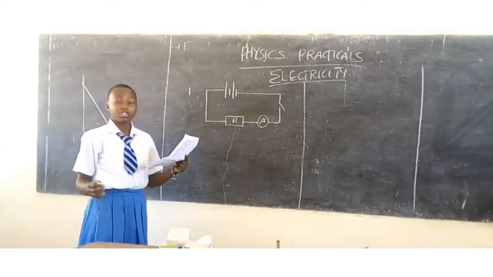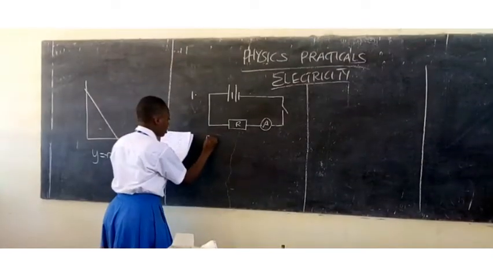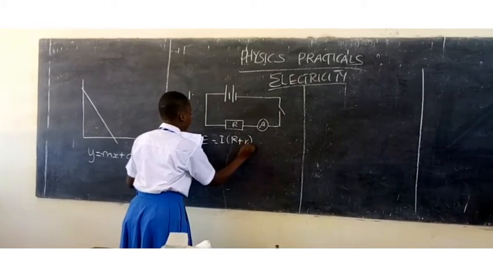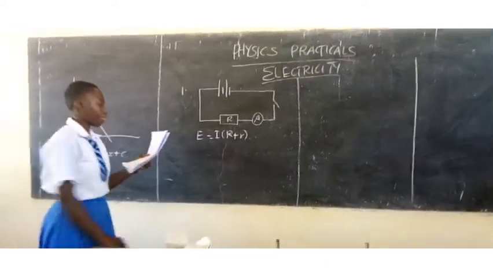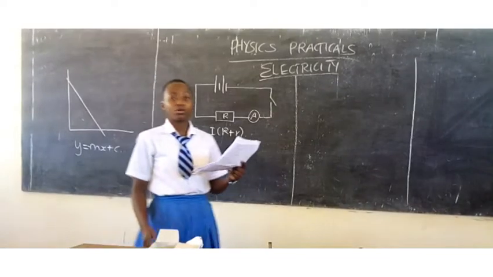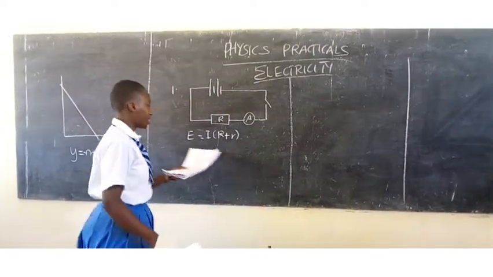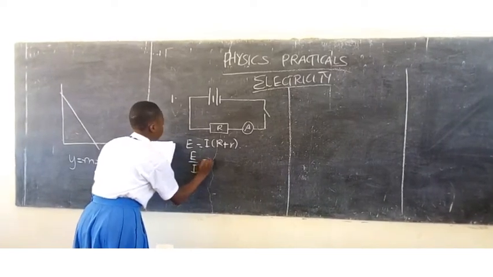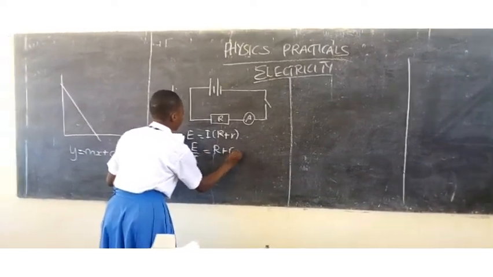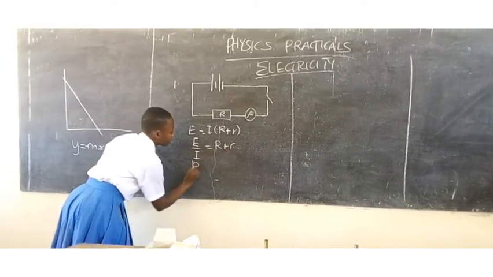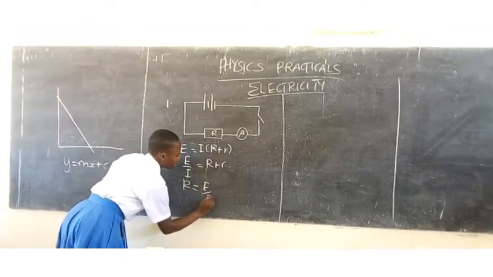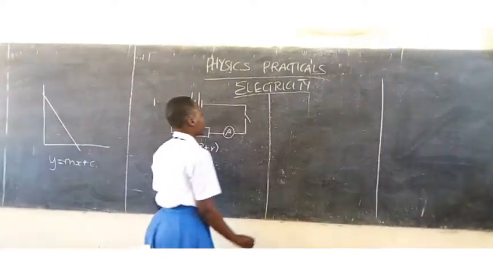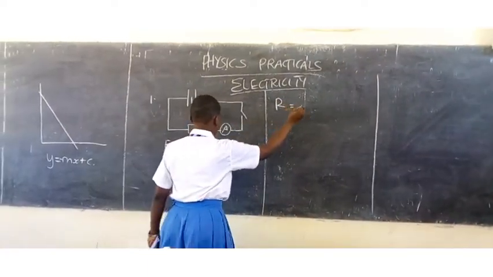Our origin is the general electricity equation, that is E equals I(R plus r), where r is the internal resistance. If you're told to draw the graph of R against 1 over I, then make R the subject, in terms of E and I.